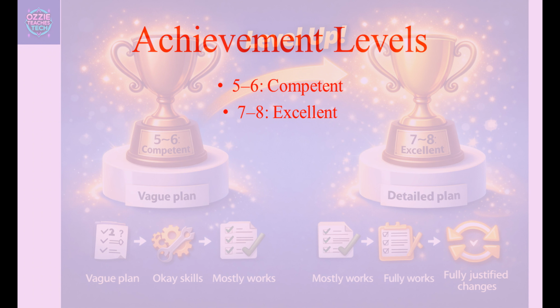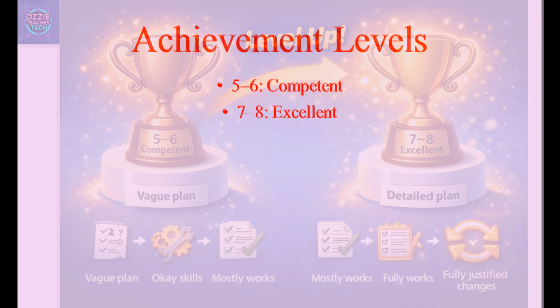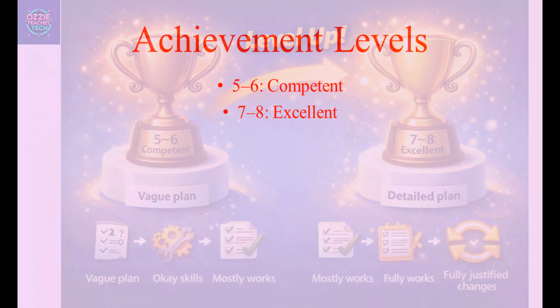Achievement level 7 to 8: you construct a detailed and logical plan that's clear enough for peers to follow, demonstrate excellent technical skills, follow a plan to create a solution which functions as intended, and fully justify changes with clear reasoning.